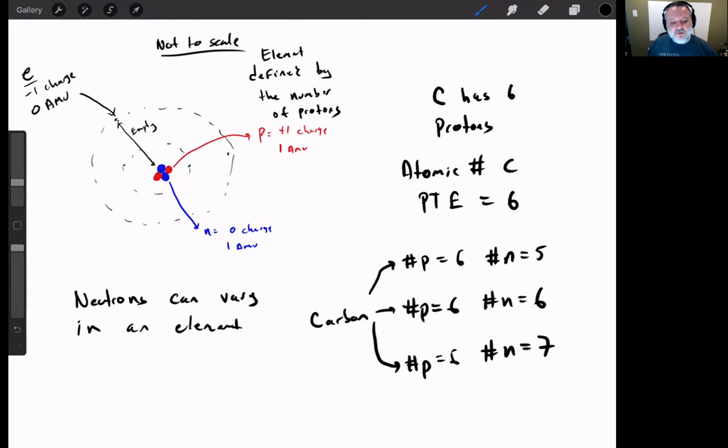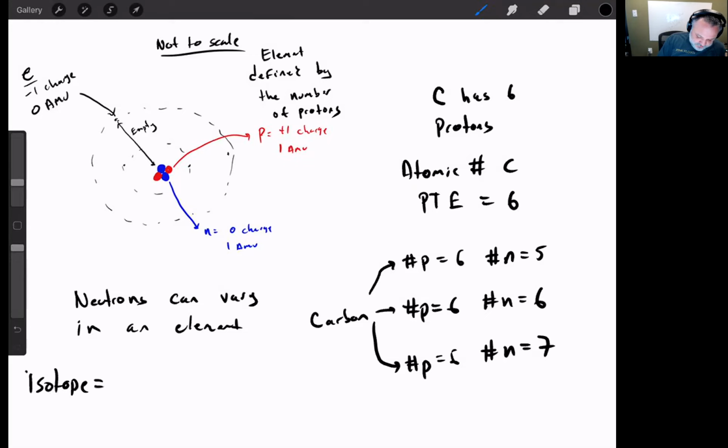When we talk about neutrons having the ability to be varied inside of an atomic nucleus, what we're saying is that the number of protons is very much what determines the name of the atom. 6 protons, carbon, end of story. But with those 6 protons could come a varying number of neutrons. And so this is what we mean by isotope.